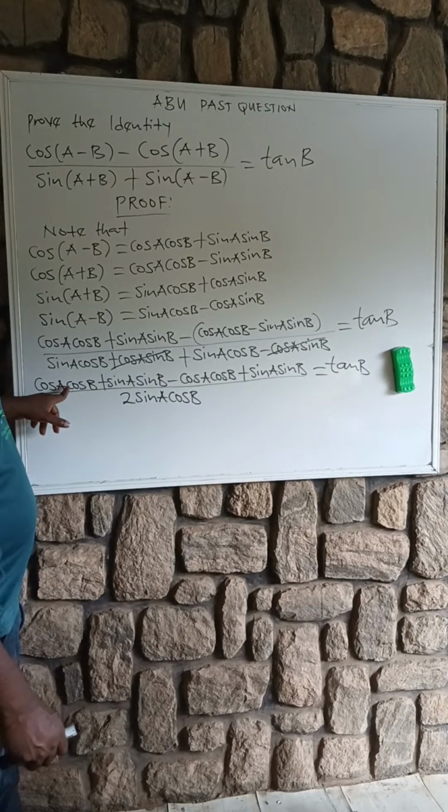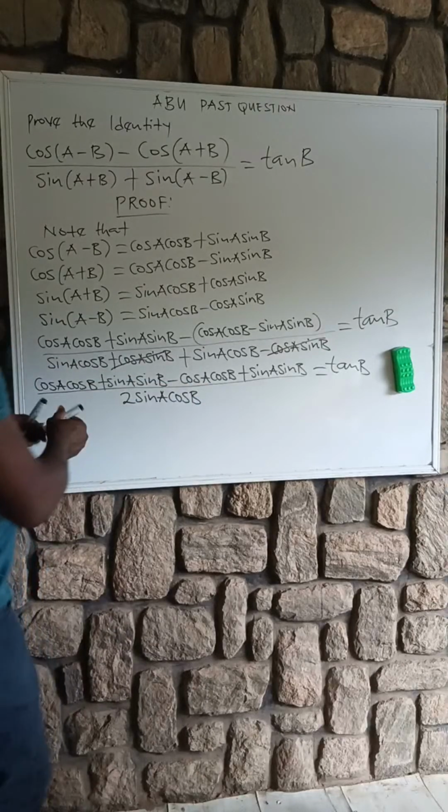Then let's look at the numerator. This and this we cancel, two of us.